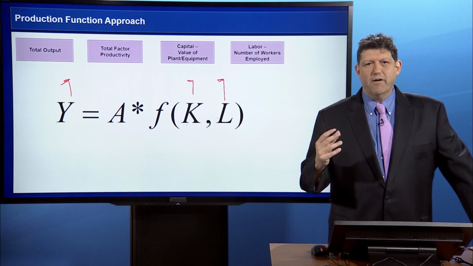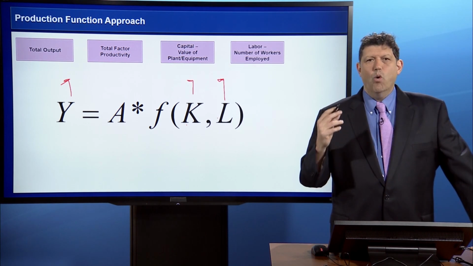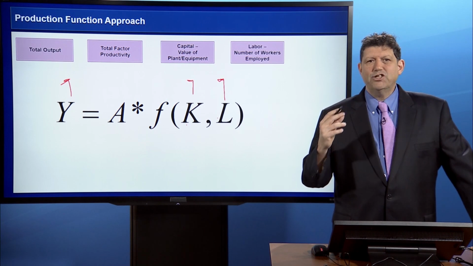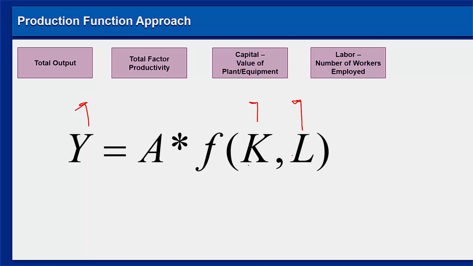This is very important because we can define our term x as 1 over labor. This is a great way that we can express everything on a per worker basis. So we're going to divide through here by L, and L over L is 1.